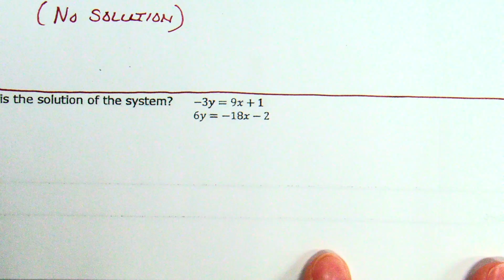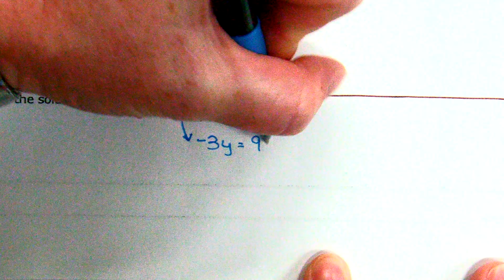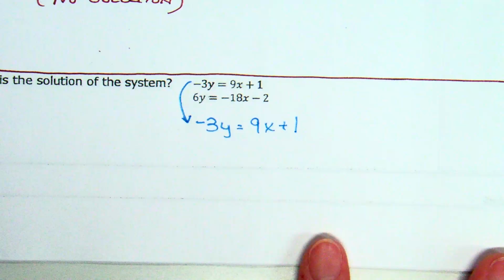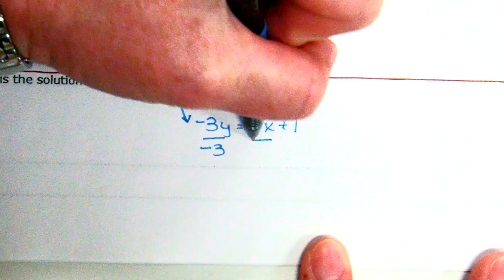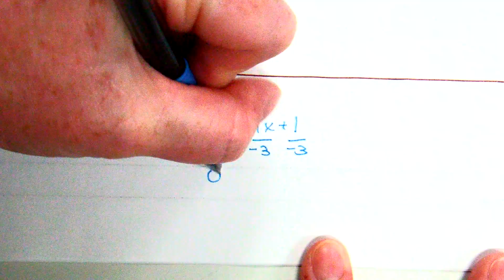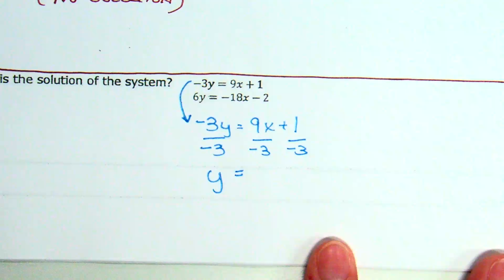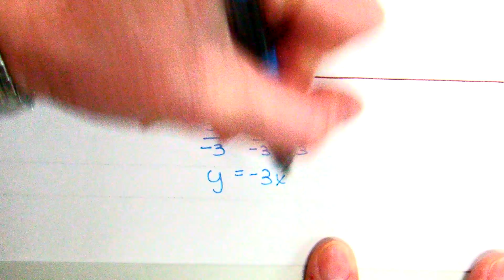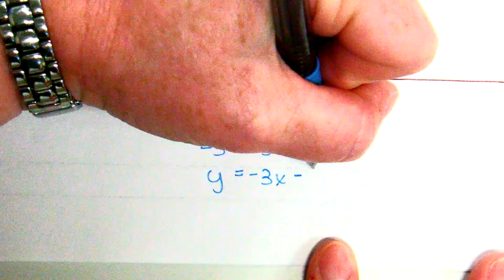Okay, so if we take the top one, that is negative 3y equals 9x plus 1. In order to solve that, you're going to divide by negative 3. Y equals 9x divided by negative 3 is negative 3x. 1 divided by negative 3? Minus 1/3.